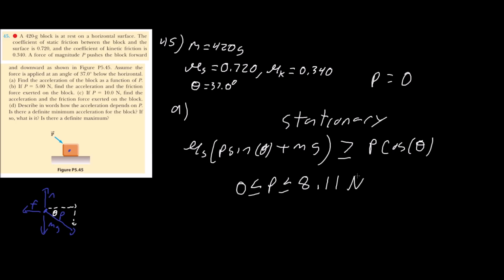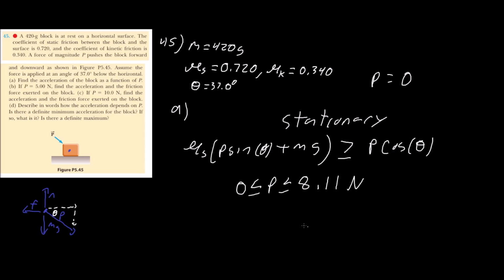Anything greater than that, the friction term, the coefficient 0.72 times sine of 37 degrees, would make this value bigger than this, so this inequality will not hold true, and therefore the object is in motion. Fantastic, folks. So that is the hard part.